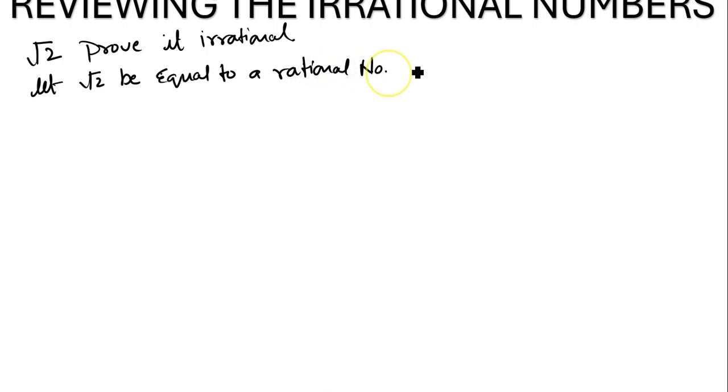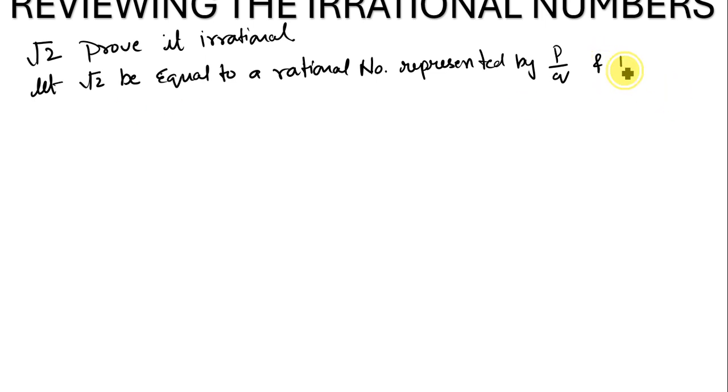So we will say let root 2 be equal to a rational number represented by p over q. And what will be the speciality between p and q?